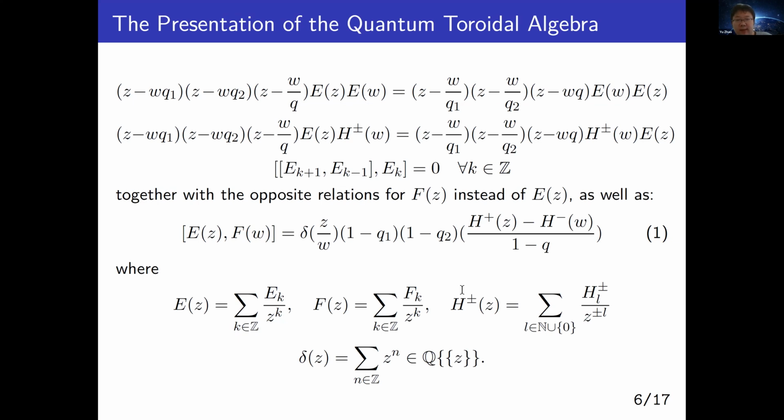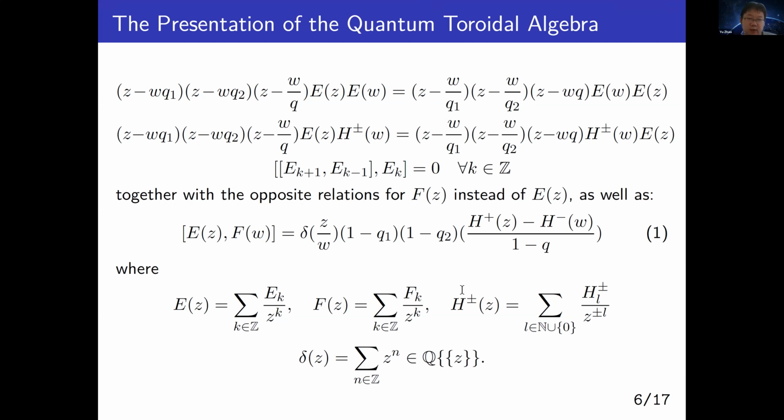And then the thing left is the commutator between the positive part and the negative part. So this is the final relation. We want to compute the commutators between E_k and F_l for any integers k and l.